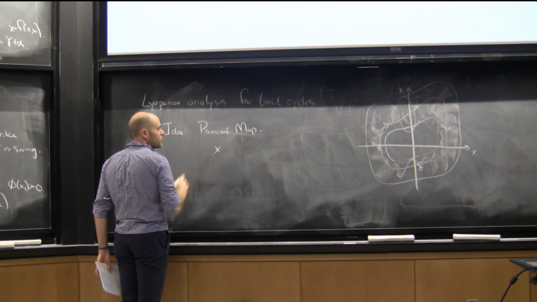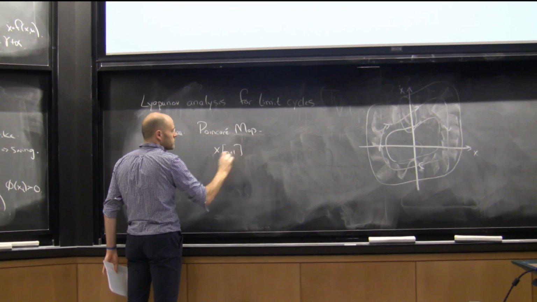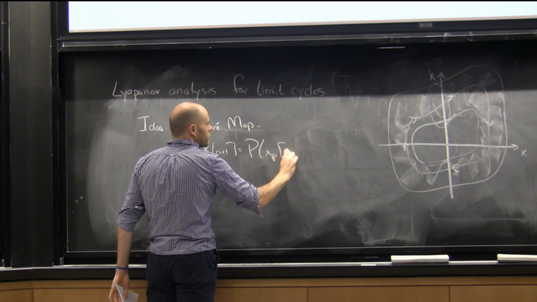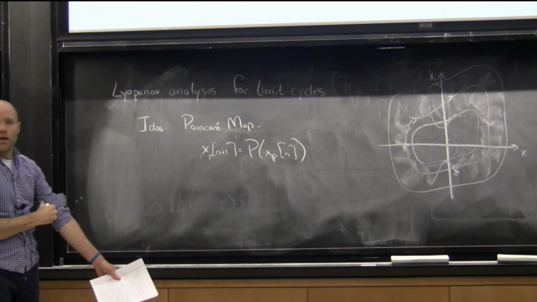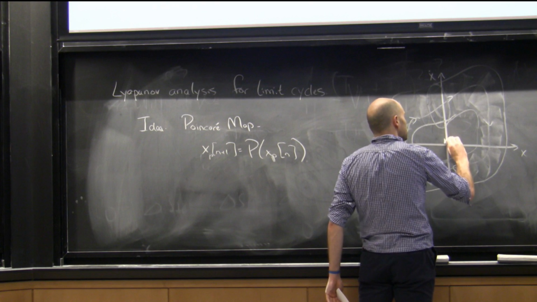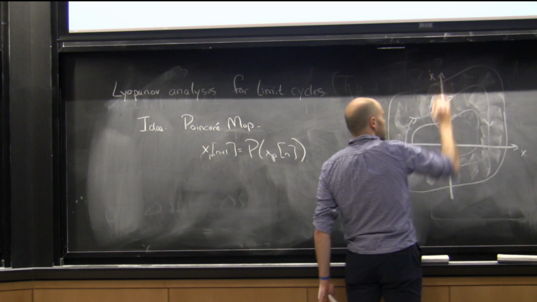So if I'm able to write the Poincare map, which in the van der Pol oscillator we picked this as the surface of section.